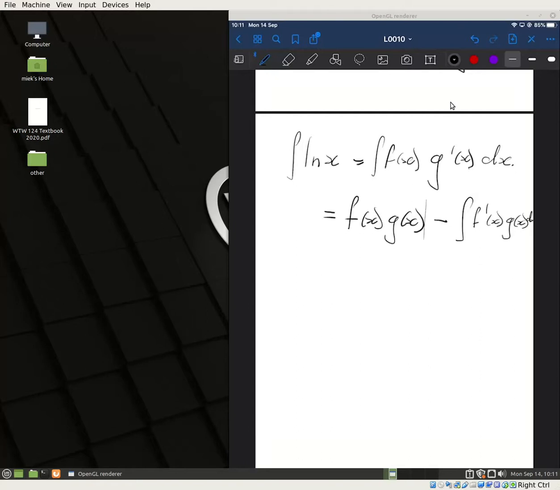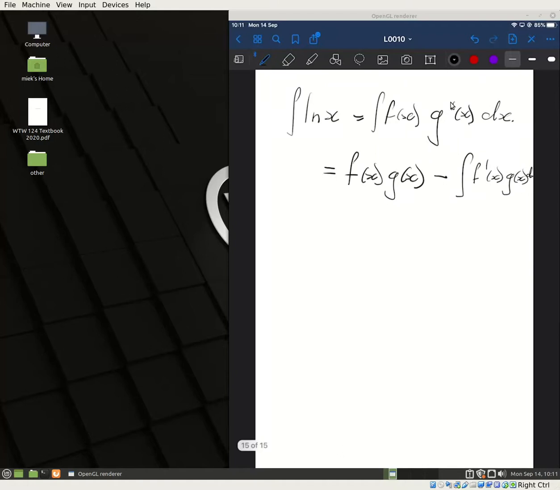And now we're not evaluating the expression on the left here, since we are working with an indefinite integral, so we don't have bounds on our integral.